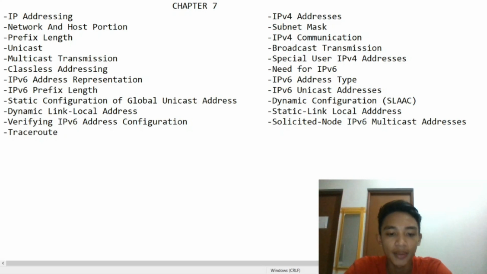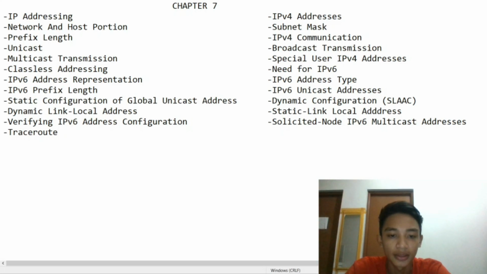An IPv6 multicast address is used to send a single IPv6 packet to multiple destinations. An IPv6 anycast address is any IPv6 unicast address that can be assigned to multiple devices. A packet sent to an anycast address is routed to the nearest device having that address.